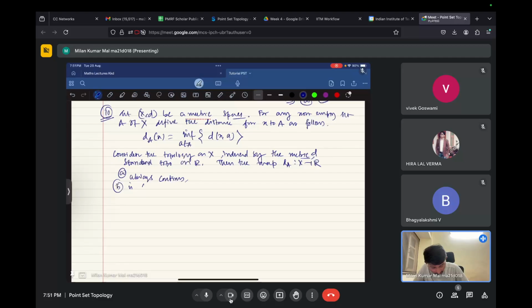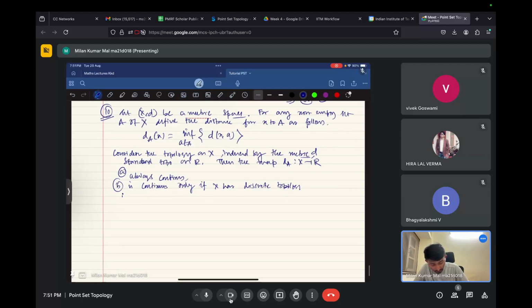B, it is continuous only if X has discrete topology. C, it is continuous if X has trivial topology. And D, none of this.